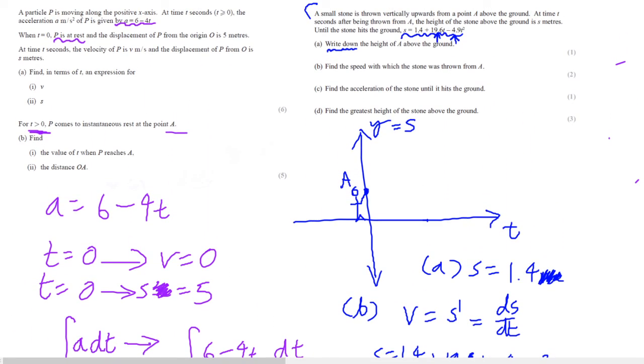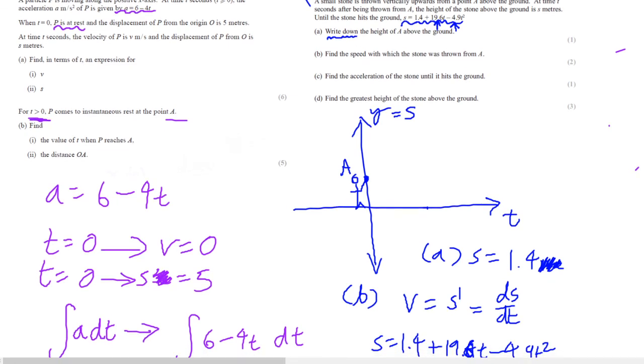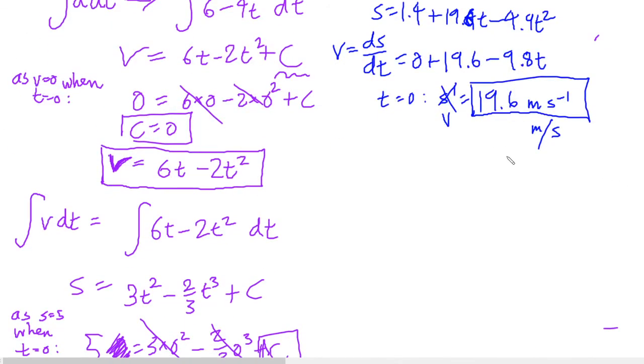And finally, c, find the acceleration of the stone until it hits the ground. Until it hits the ground is not a mathematically difficult thing to deal with, it's just the common sense notion that the stone will no longer fly once it has hit the ground. Acceleration here is the differential of velocity with respect to time, or the rate of change of velocity with respect to time.